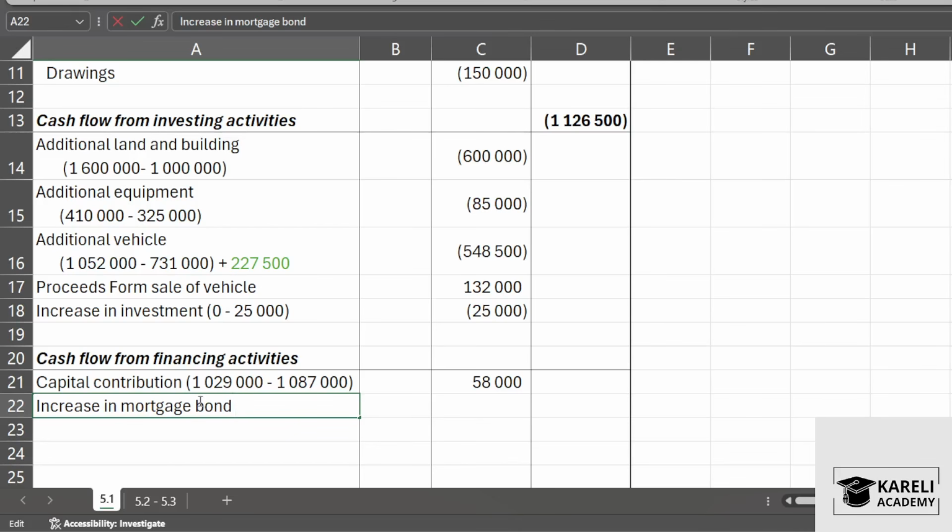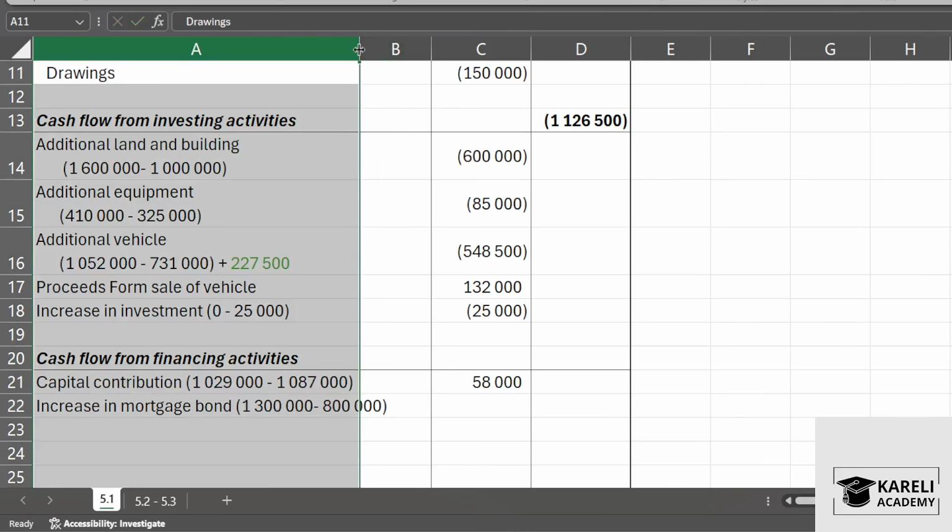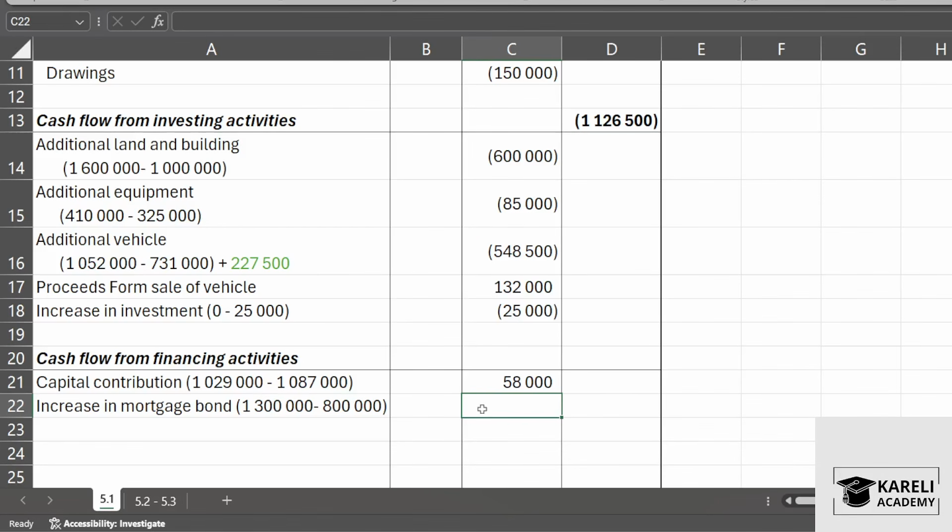And if they wrote loan, please use loan. 800,000 and 1.3. Now, how much is it?